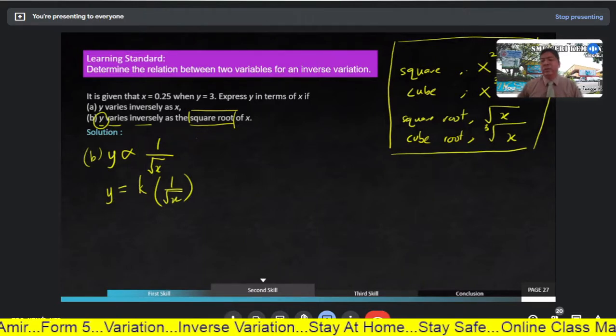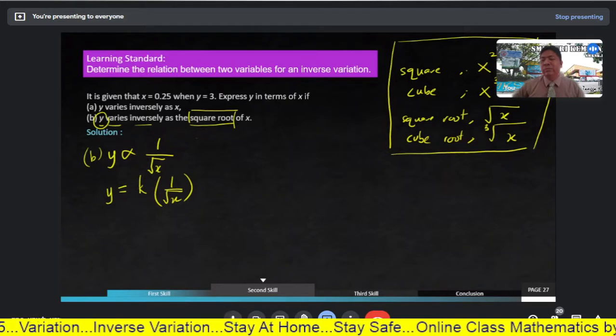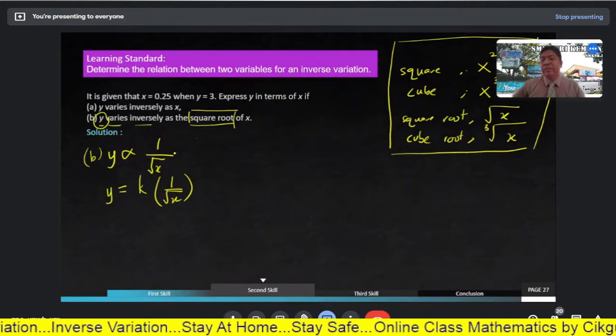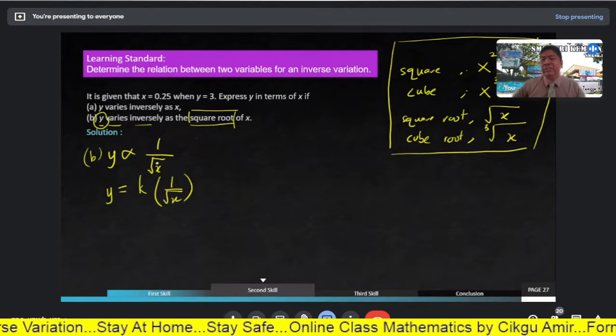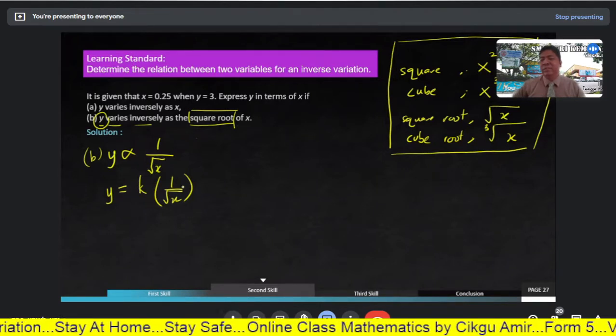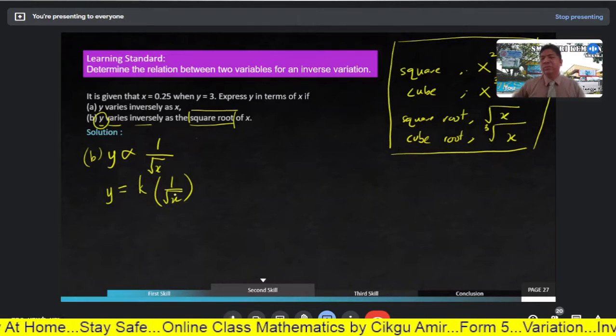This is in equation form. The first one is the inverse relation, the second one is in equation form.